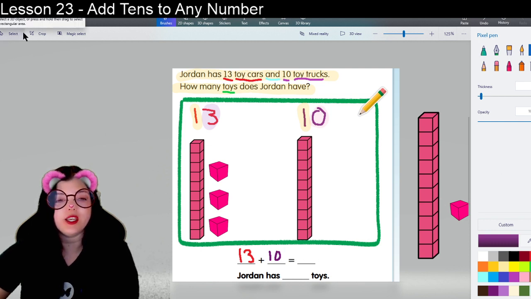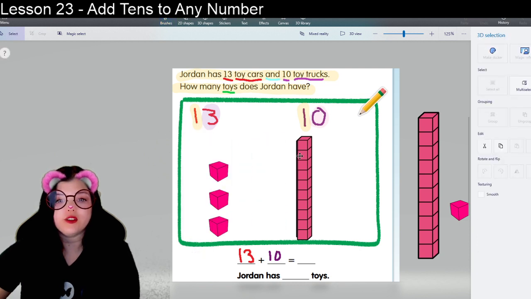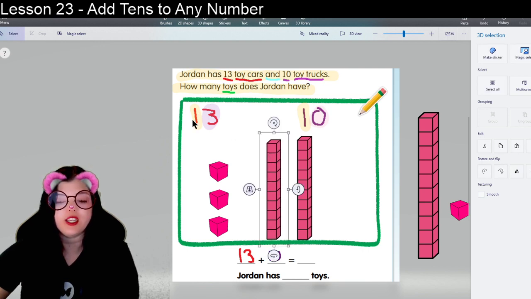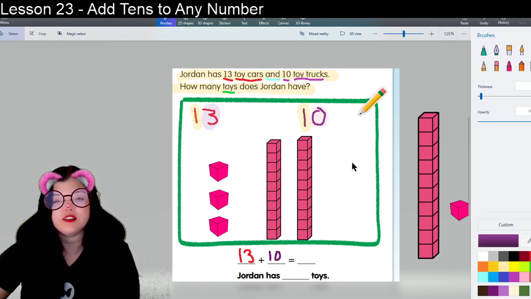To solve this, we can look at how many tens we have. First, I have one group of 10 from 10, but I'm going to also take my one group of 10 from 13. How many tens, groups of 10s, do you see all together? If you said 2, you are right. 1, 2.